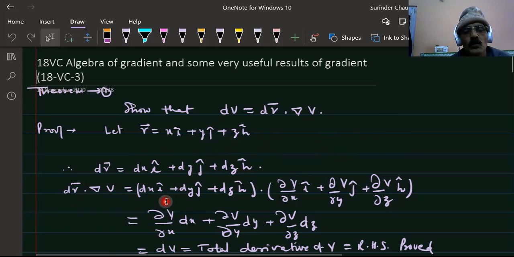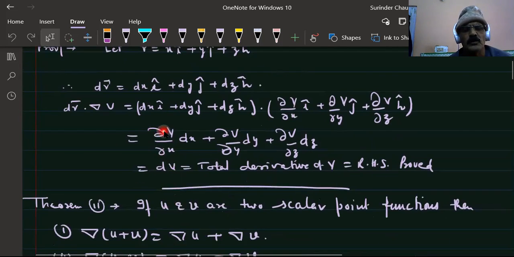Substituting, we know gradient of v is equal to partial derivative of v with respect to x i plus partial derivative with respect to y j plus partial derivative with respect to z k. In the dot product, i dot i is equal to j dot j equal to 1 and the other dot products are 0. Therefore it is equal to partial v by x dx plus partial v by y dy plus partial v by z dz. This is equal to the total derivative dv, which is the left hand side.